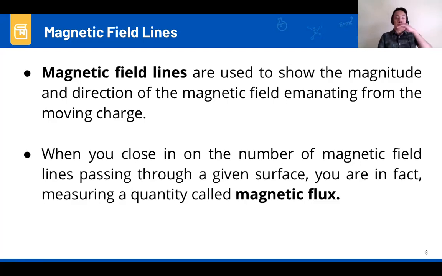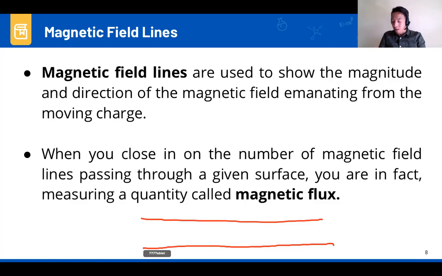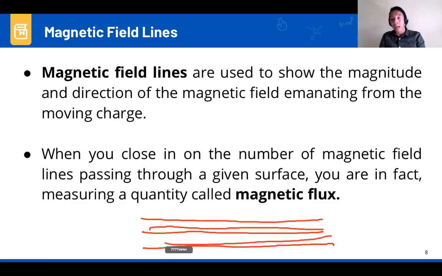Okay? So, I told you, if we have, for example, this one is a wire. In electric flux, there is a certain way. If they go right, they just go right. If they go left, they just go left. That is for electric field lines.